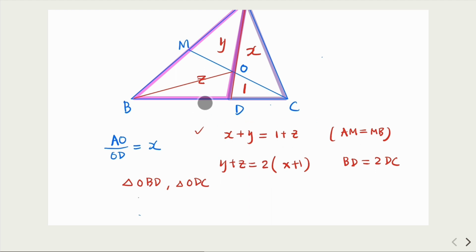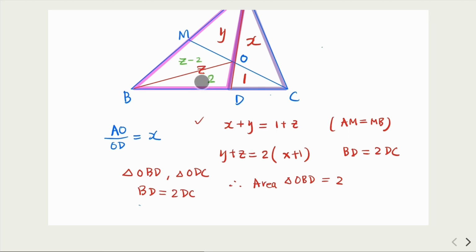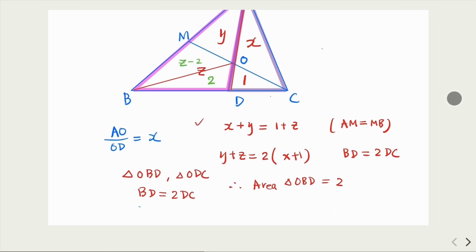Notice that they share the height and the base ratio is still BD over DC, that's a 2:1 ratio. So this area is 1 and the other part must be 2. That is, the area of OBD must equal 2. So that's 2, and Z minus 2 would be the remainder, so they add up to Z here.